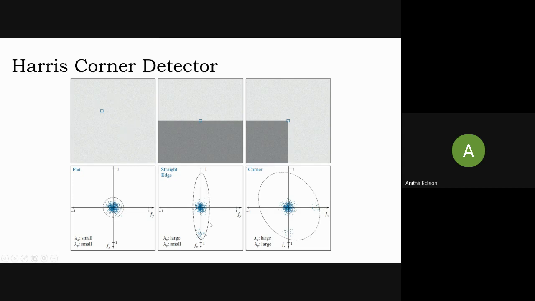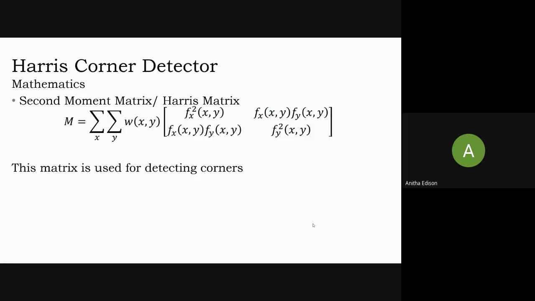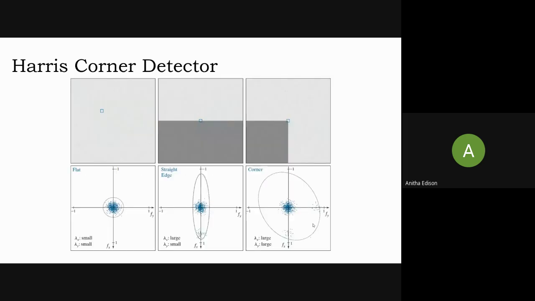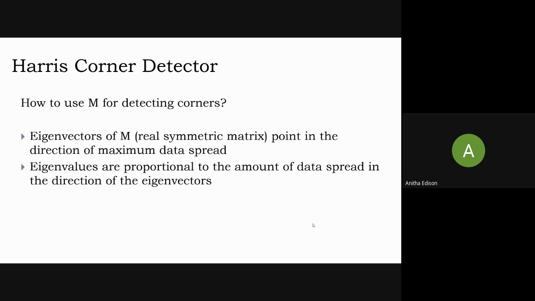If one eigenvalue is large and the other is small, it shows that the data spread is in one direction, so it represents an edge. And if both the eigenvalues are large, it represents a corner. So computing the eigenvalues and checking them will help to detect corners.